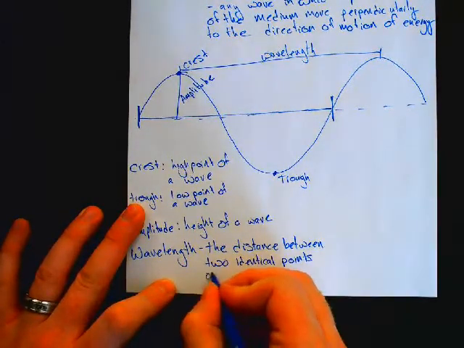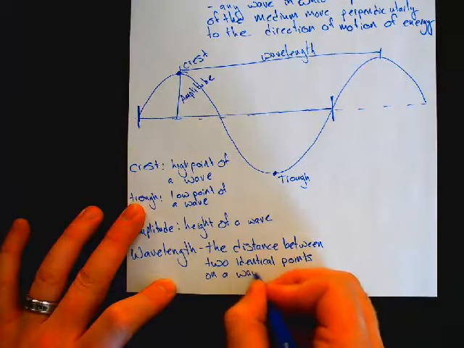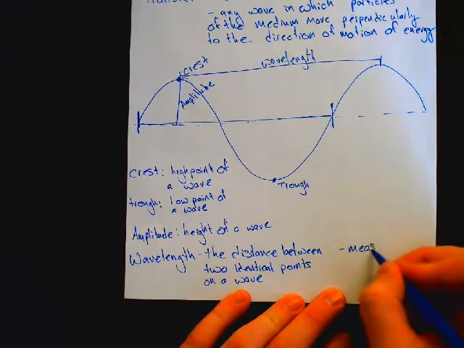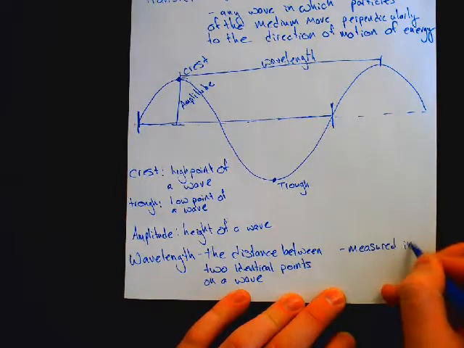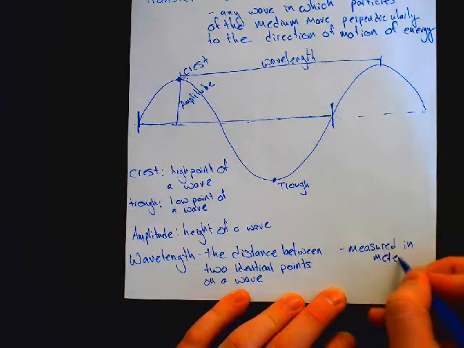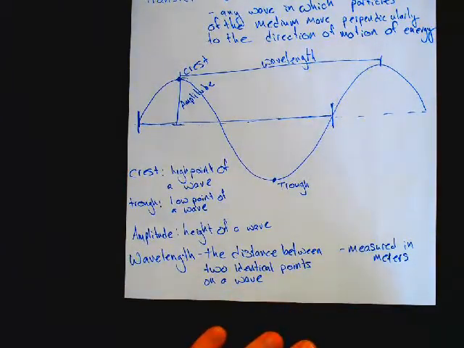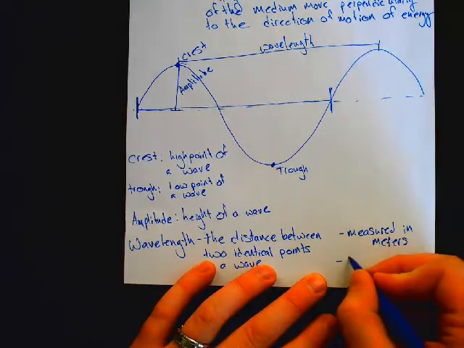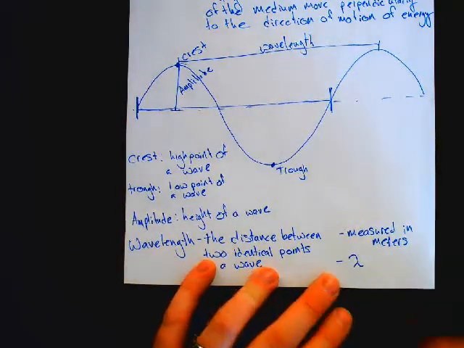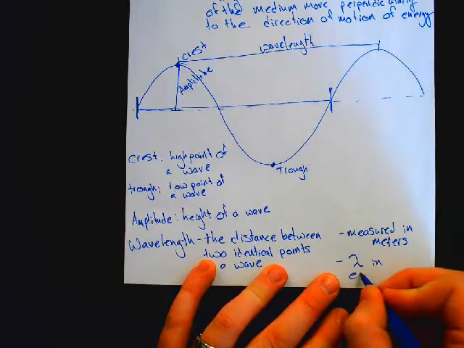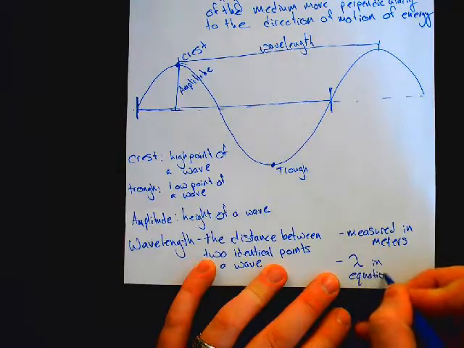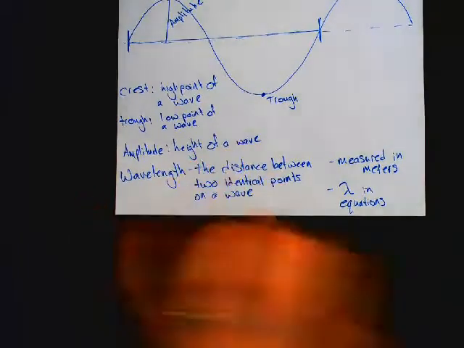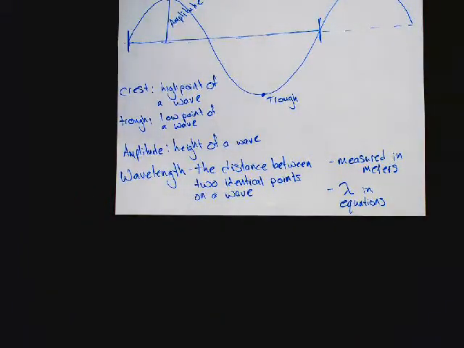Wavelength is measured in meters, and uses the Greek symbol lambda in equations. So that'd be this thing. It's kind of an upside down y in equations. All right, questions so far?